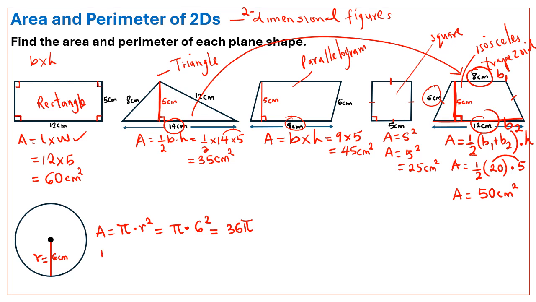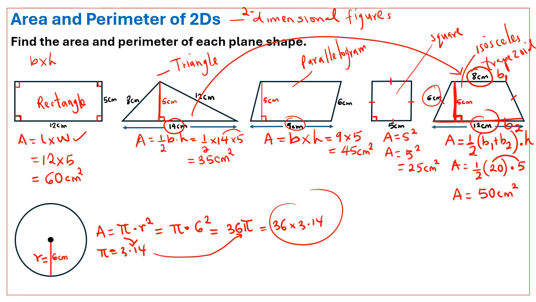Or if we take pi equal to approximately 3.14, the area of this circle will be 36 times 3.14. And whatever that gives us will be the final result.